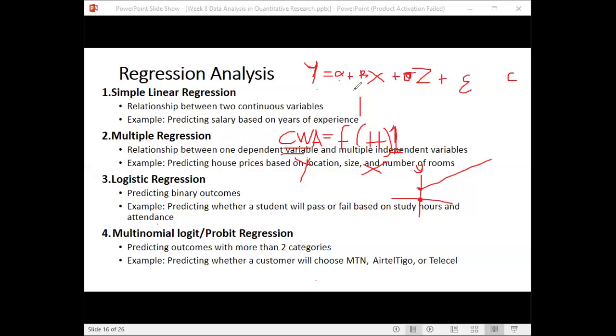And so now we have two variables explaining the dependent variable y. And that's what makes it a multiple regression analysis. That's all. That's nothing else.